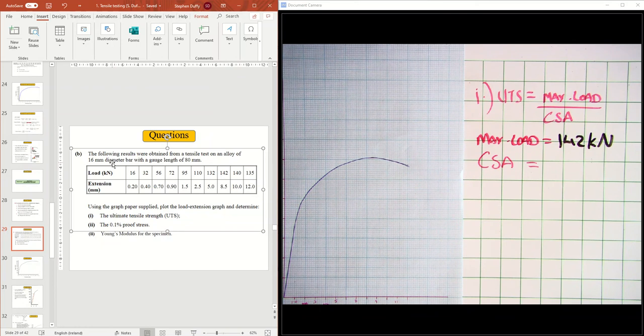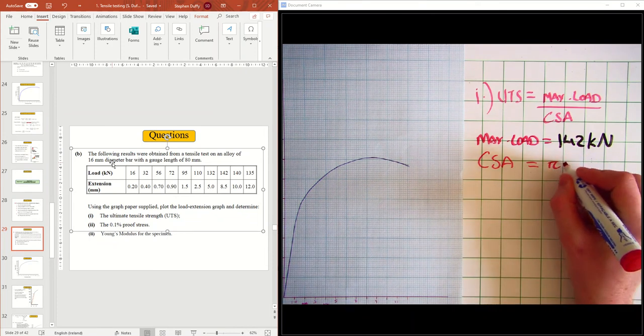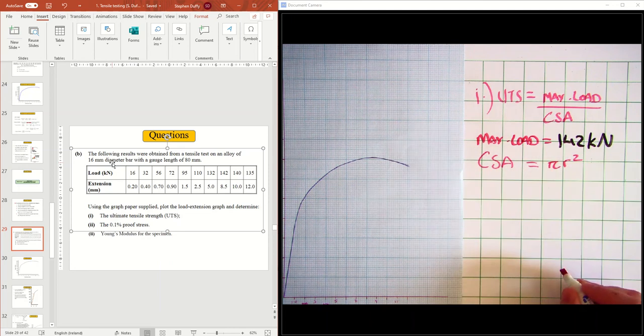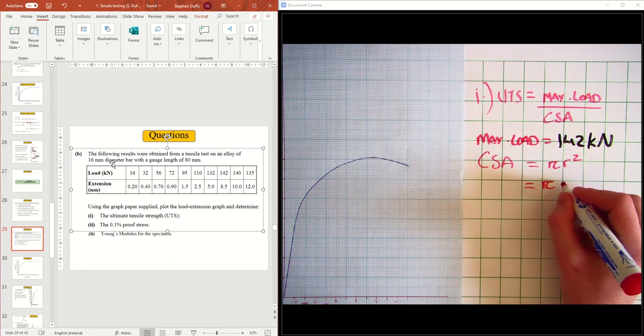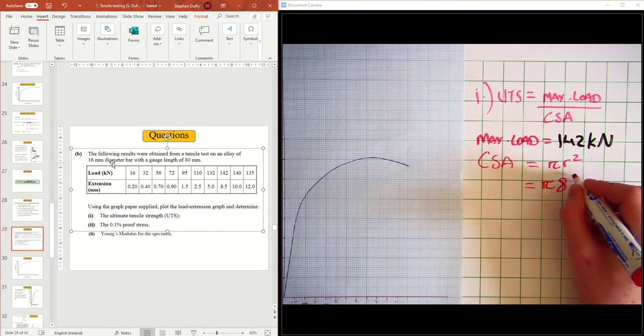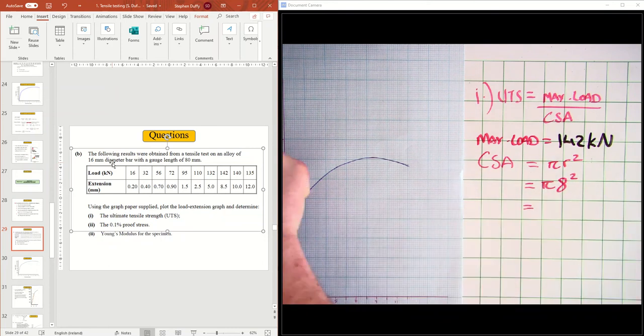So we need to get the cross-sectional area of a circle, which is pi r squared. We know pi is a constant. We know r: if the diameter in this case is 16, r is the radius, so it's going to be half the diameter, which is 8, squared.